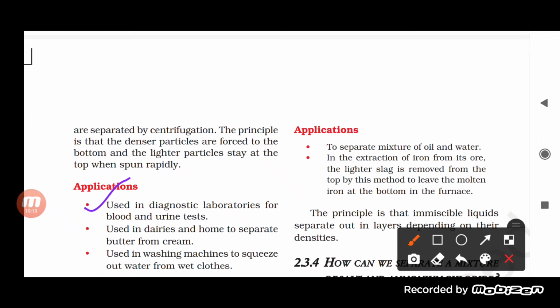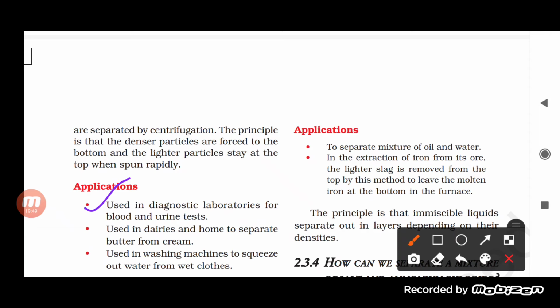It is used in washing machines to squeeze out water from wet cloth. If you look at the automatic one, it squeezes out the excess water present in the washing machine. So there also the process of centrifugation takes place. Now you can correlate all these things with your normal life. You will find that centrifugation is not a new thing, although we came to know a new scientific term.